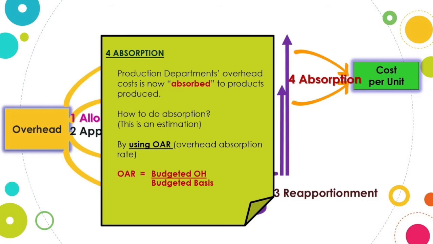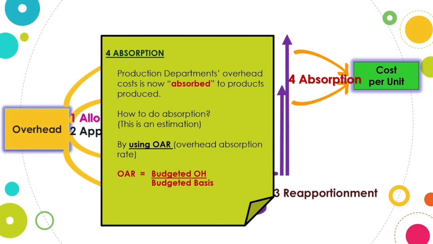So absorption of overheads actually refers to fixing the charge of the expenses on the product. Till apportionment and reapportionment, what we saw was distribution of expenses to the various departments in a proportionate manner, whereas absorption is now going to charge the units of production. That is, each unit that is being produced will be charged with the expenses.